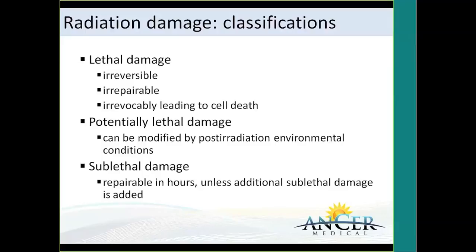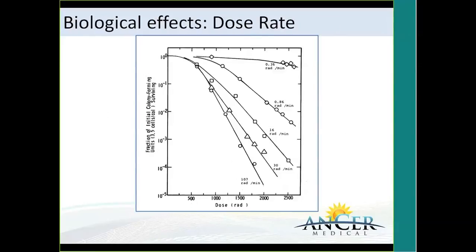So when you talk about dose rate, the higher the dose rate, the higher the biological effect. It's not just a matter of how much dose you're giving, but also how fast you're giving that dose. So what you see here, you go from low dose rate, very low dose rate, where the rate of cell kill is very low.